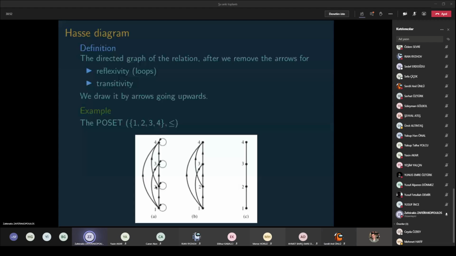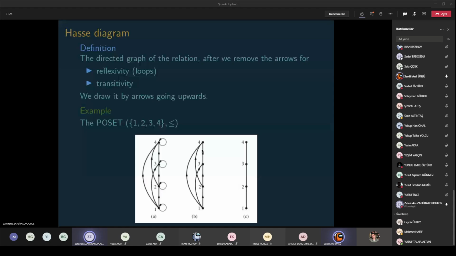Yes, sir, 1 is smaller than 2. Right? Yes, I don't understand. Yes, 1 is smaller than 2, so we connect 1 to 2. This represents this relation. So we connect elements if they are in this relation. So 1 is smaller than 2, so the pair 1, 2 is in the relation. So we put an arrow from 1 to 2. Is it clear now?